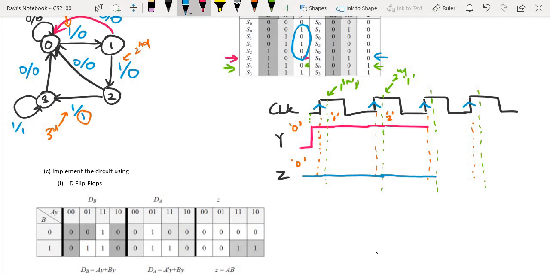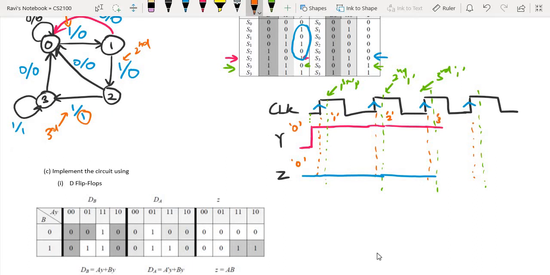Since my y is carrying on, at this point of time, I have registered my third one. When I register my third one, I also transition to state 3. Correct?